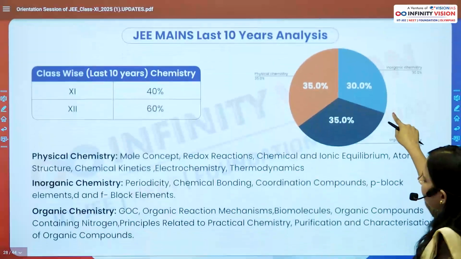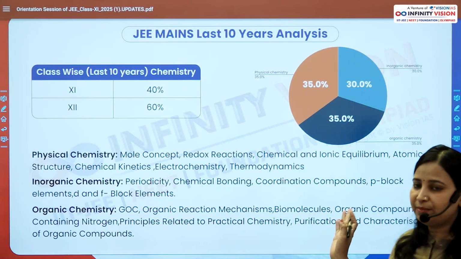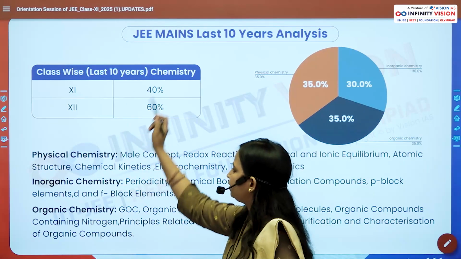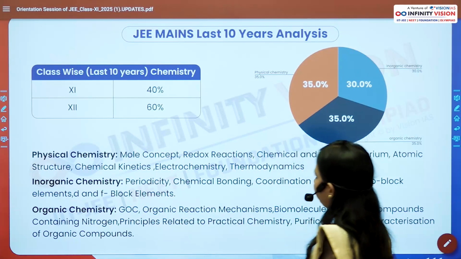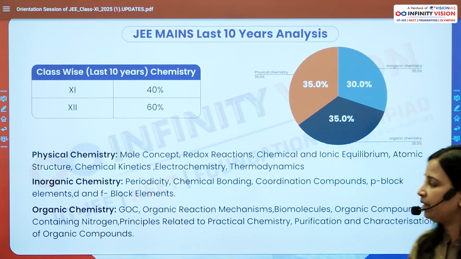Now the JEE Main analysis of 10 years for the chemistry section. Here we can see that from class 11th 40% of questions are asked, and from class 12th 60% are asked. It means that more weightage is of class 12th.